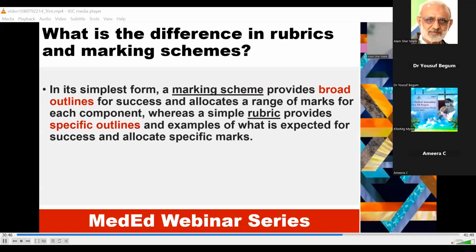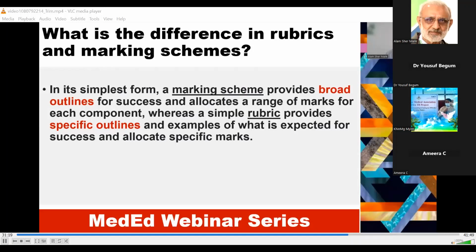In its simplest form, a marking scheme provides broad outlines for success and allocates a range of marks for each component, whereas a simple rubric provides specific outlines and examples of what is expected for success and allocates specific marks. In other words, marking schemes are more broad, whereas rubrics are more specific.